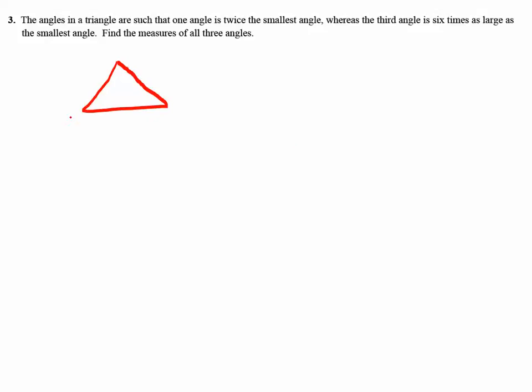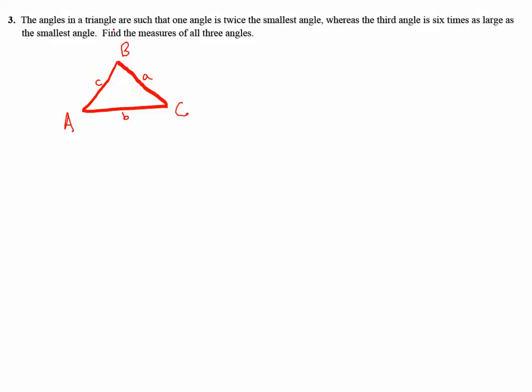I'll label this as A, B, and C. For triangles, capital letters stand for angles, and lowercase letters stand for the length of the sides. They're always opposite each other. So little b, the length of this side, would be this one, and little c would be over here. That's how we label a triangle.